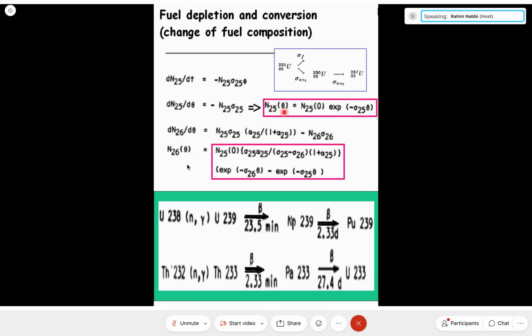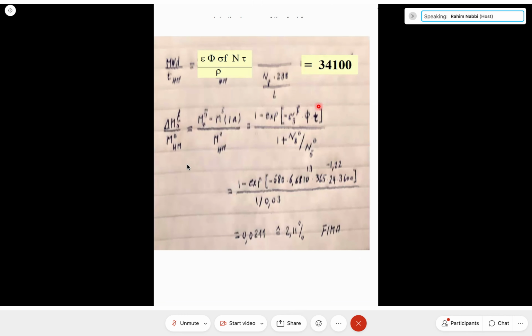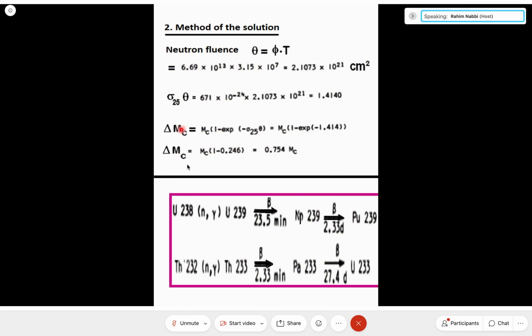That is the actual concentration. But how much has been consumed or lost is the actual value minus the initial value. And exactly that is called delta. So for this reason, you find here delta, and delta is exactly 1 minus this exponential function.